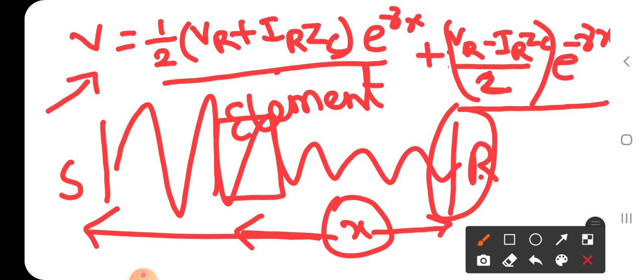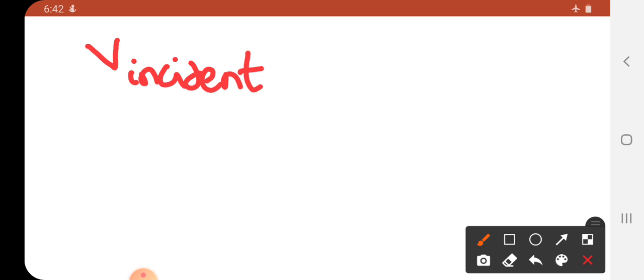So in the examination, when they ask to find the reflected voltage and incident voltage, we can write this equation very simply. V incident, which some textbooks prefer to write as V plus.